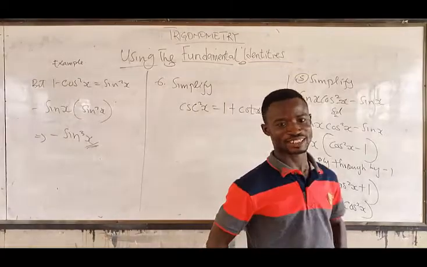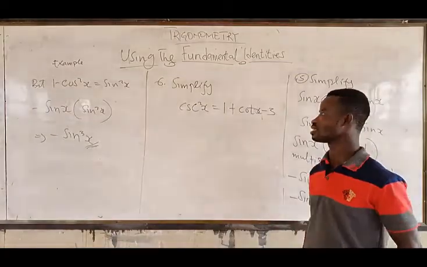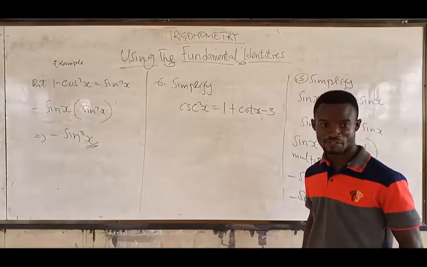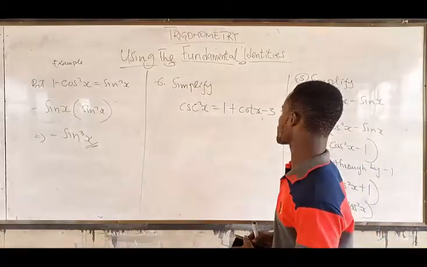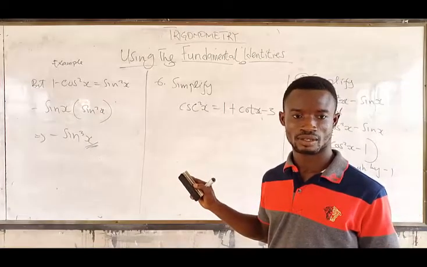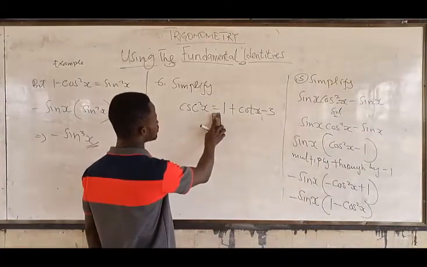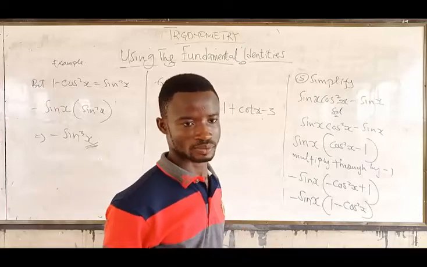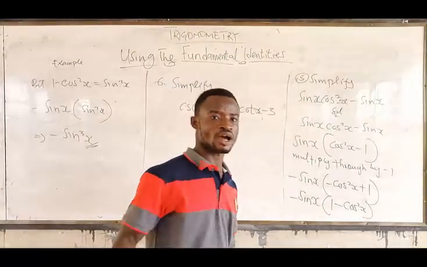We have to simplify this. Don't forget we are not to solve it, but we have to simplify it. Solving it is a different form, simplifying it. So please, I think there is a mistake here. The sign was supposed to be plus or minus. All right.